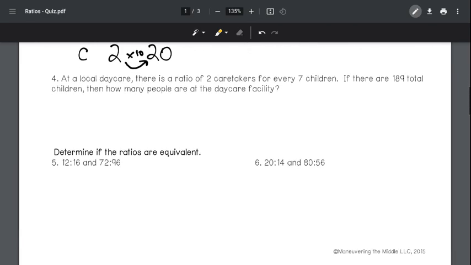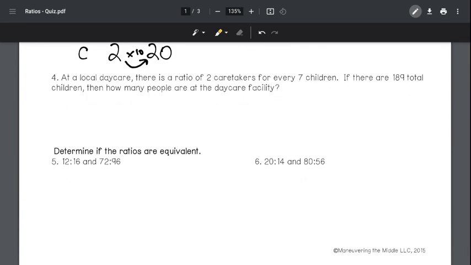Number 4. At a local daycare, there is a ratio of 2 caretakers for every 7 children. Caretakers are just adults, so I'm going to put A. Adults versus children. Okay? If there are 7 kids, there are 2 adults. If there are 189 children, how many people are at the daycare facility?